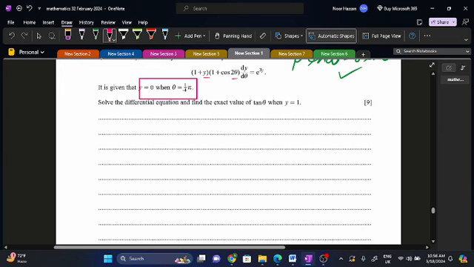So first of all, write down (1 plus y)(1 plus cos 2 theta) dy by d theta, which equals e raised to the power 3y.